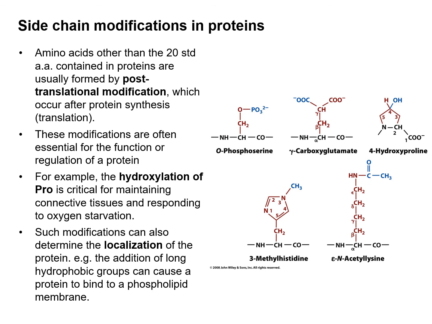For example, hydroxylation of proline is critical for maintaining connective tissues and responding to oxygen starvation. And such modifications can also determine the localization of the protein too. An example is that the addition of long hydrophobic groups to an amino acid can cause a protein to bind to phospholipid membranes because it gives hydrophobicity to that amino acid.